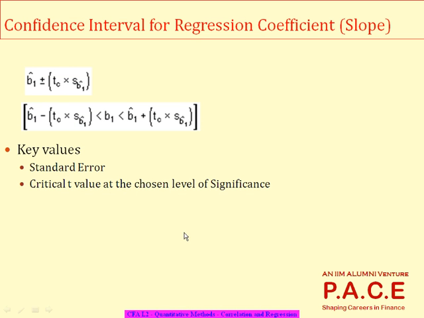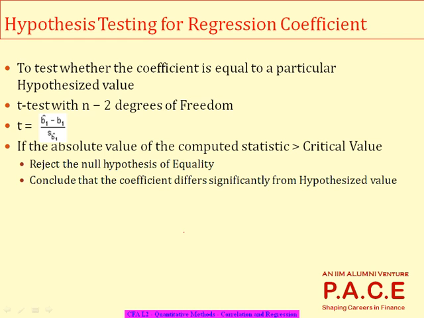In any case, for a coefficient interval, I take the value plus or minus the critical value times the standard error. The regression coefficient testing we have also done, based on the t value as well as the p value.